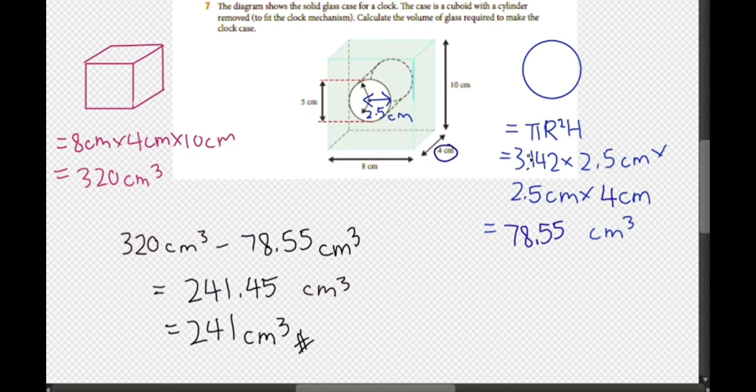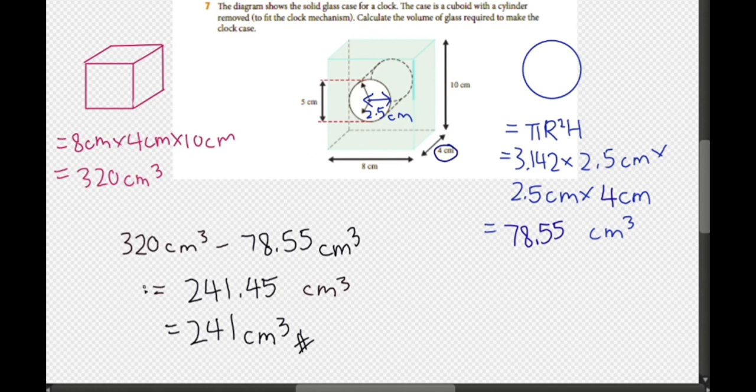Now, our calculation will be 3.142 times 2.5 cm times 2.5 cm times 4 cm, which will get 78.55 cm cube, which is our volume of the cylinder. Now, since it says that the cylinder here is removed, we take the volume of the cuboid and minus the volume of the cylinder.